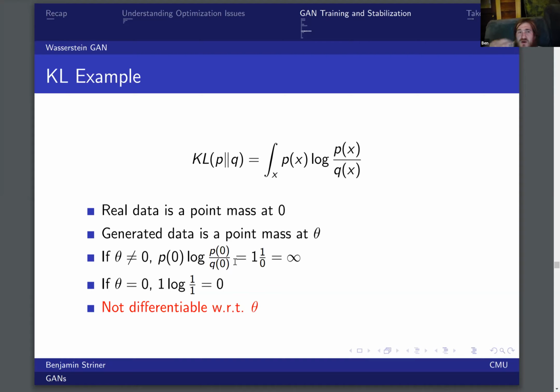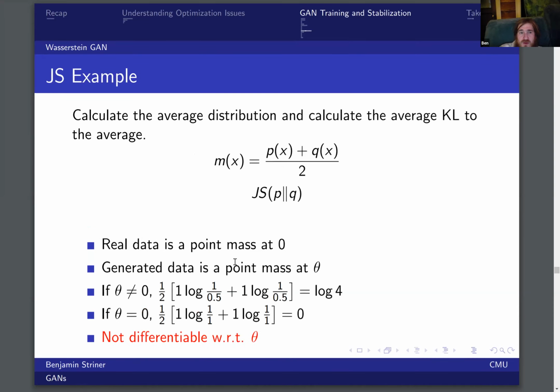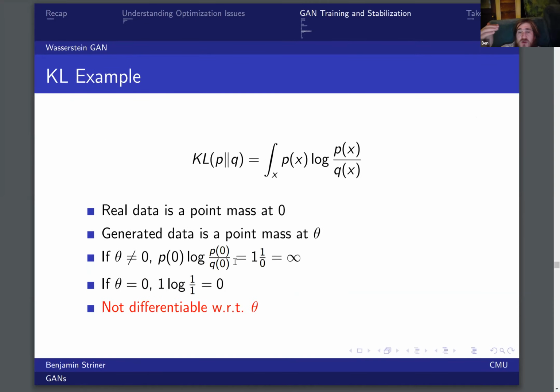So our log term is going to have 1 over zeros in it, and zeros over ones in it. And that means your KL will be 0 only when the 2 points match exactly, but when they're different, then it goes to infinity.